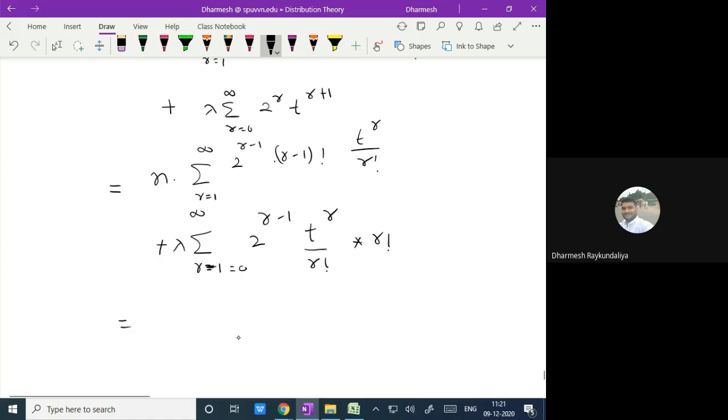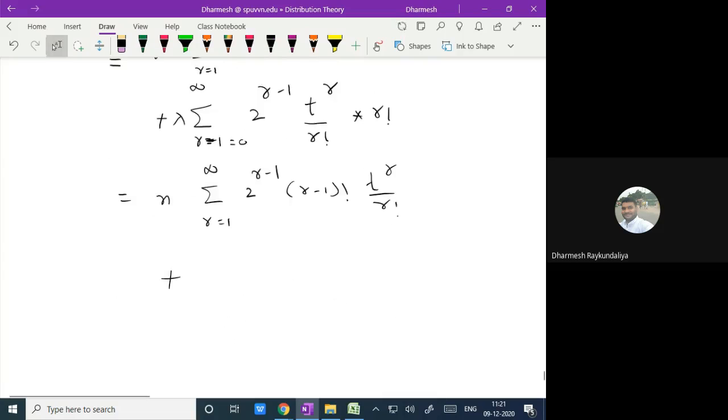So this is n summation r equal to 1 to infinity 2 raised to r minus 1 into r minus 1 factorial t raised to r upon r factorial plus lambda.